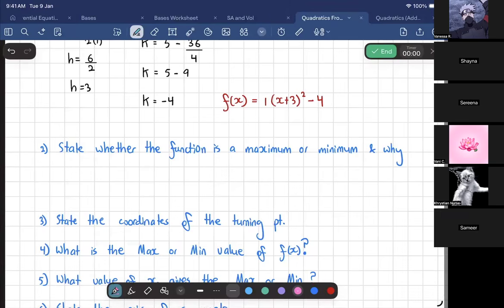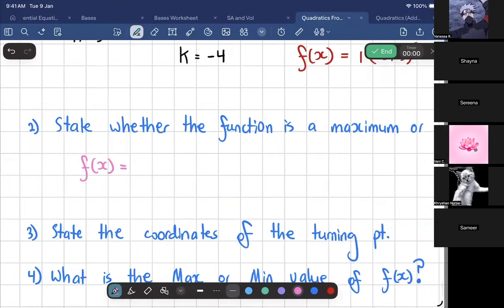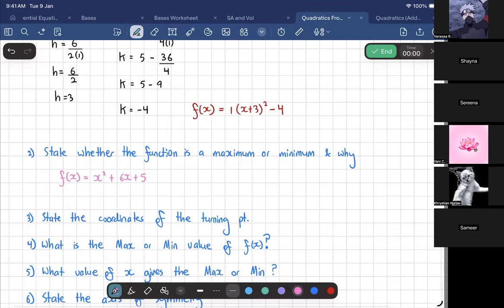The quadratic function was f of x equals x squared plus 6x plus 5, I think it was. Yeah, it was 5. And they want us to state if this function is a maximum or a minimum.